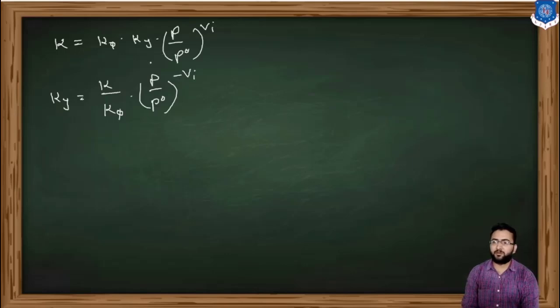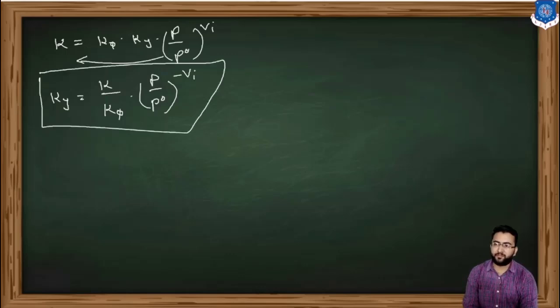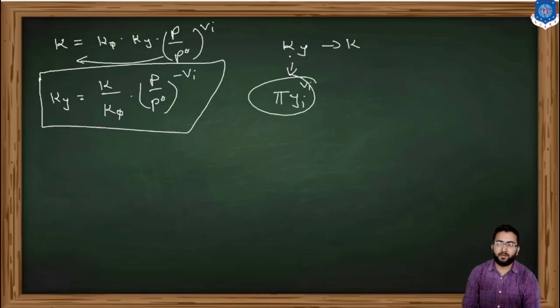Because if I take this to the other side, it becomes P naught upon P, but if I want to write P upon P naught, I write minus v. So this is how the equation becomes, and this equation is known as the relation between equilibrium conversion Ky and the equilibrium constant, where Ky is also known as Pi of yi whole raised to vi. So don't forget this: the value of Ky is Pi of yi whole raised to vi, which is the stoichiometric number.